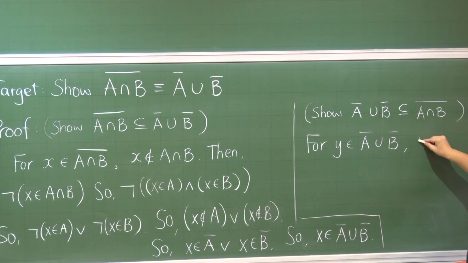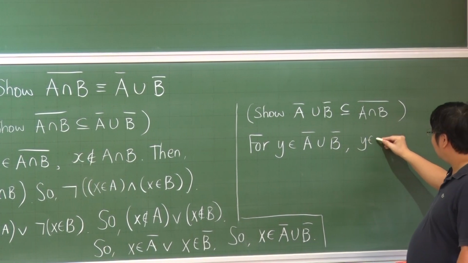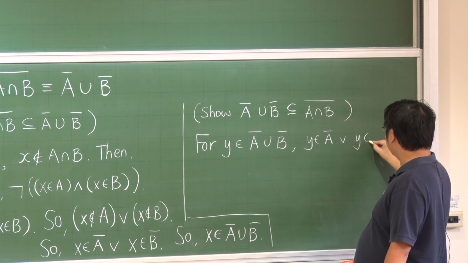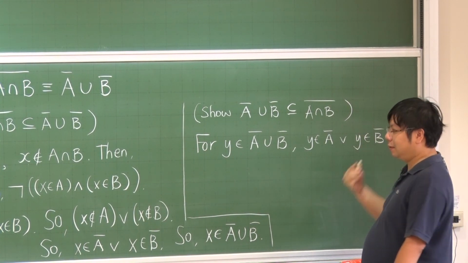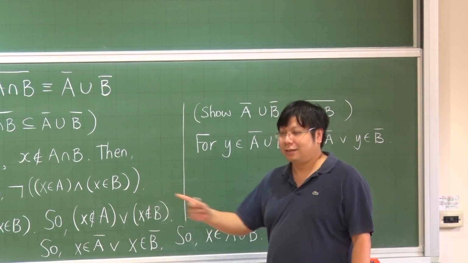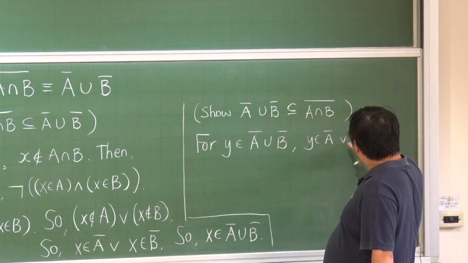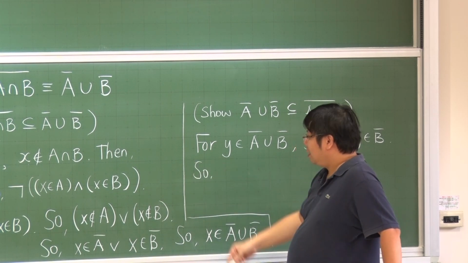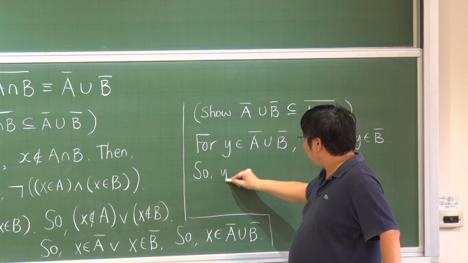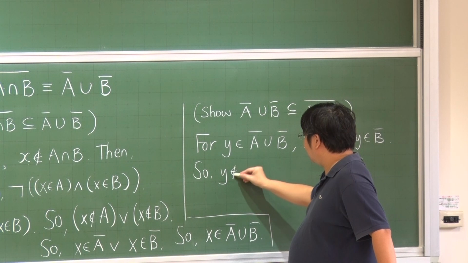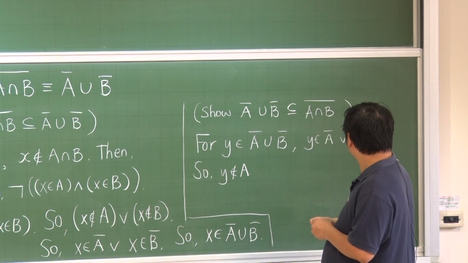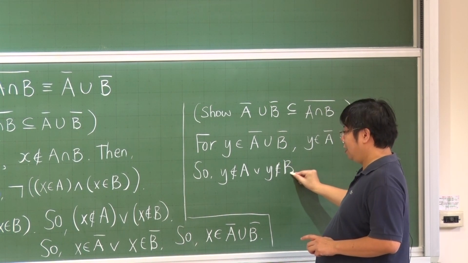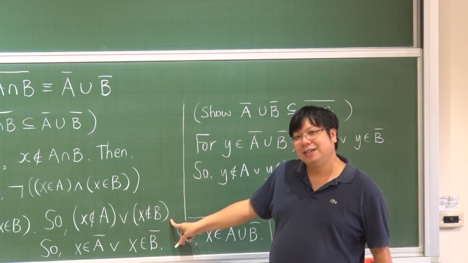It means that y is in not A or y is in not B, right? Yeah, this works. Now, if y is in not A or not B, then we also know that y is not in A or y is not in B. Yeah, so this also works.